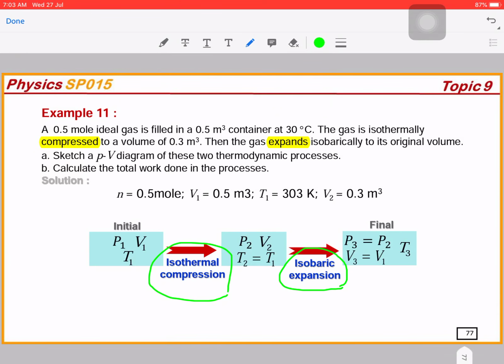Okay, volume also the same, but our temperature will change. Okay, sorry, pressure is the same as P2, but volume is the same as V1. Okay, kenapa? Sebab dia back to its original volume. Okay, so that is how you get this situation.